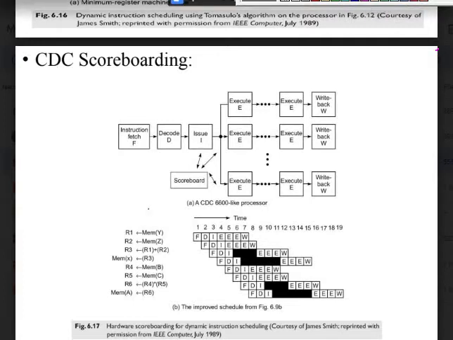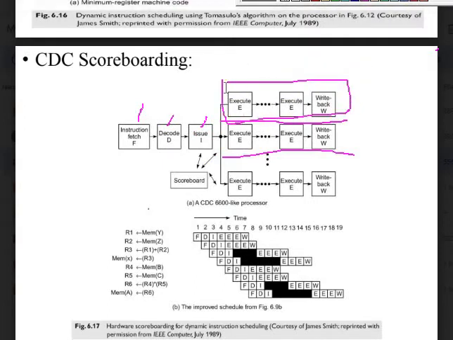Okay, so what do you mean by the CDC scoreboarding technique? There will be instruction fetch, decode, issue. Since there are multiple, or n number of, stages of the pipeline, each stage consists of multiple executions. Hope you can see now. I have colored three different stages: first color, second color and third color.